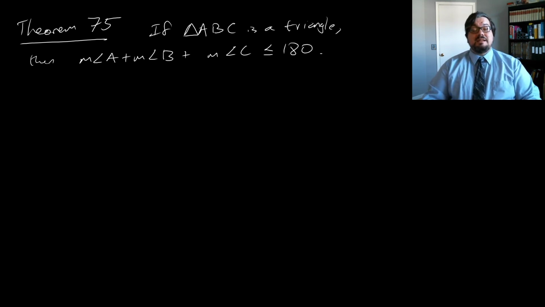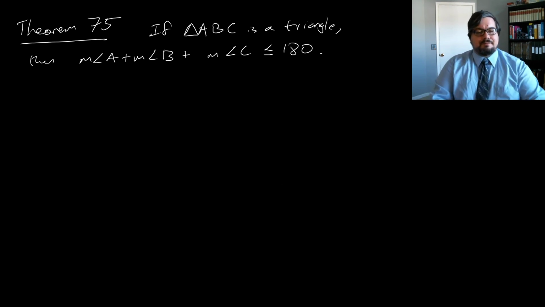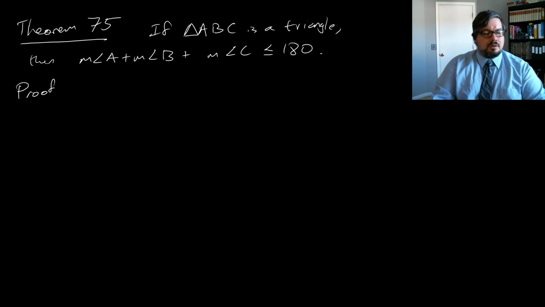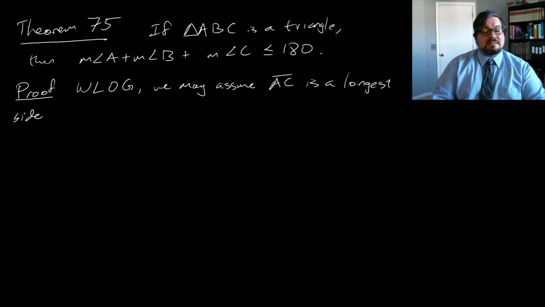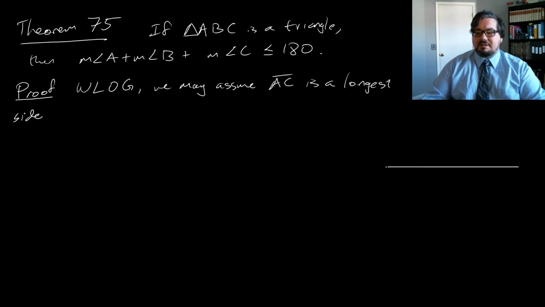It could be less, but it can't be more than 180. So proof. Without loss of generality, we may assume that the segment AC is a longest side. This simplifies our argument. We don't have to consider various cases.